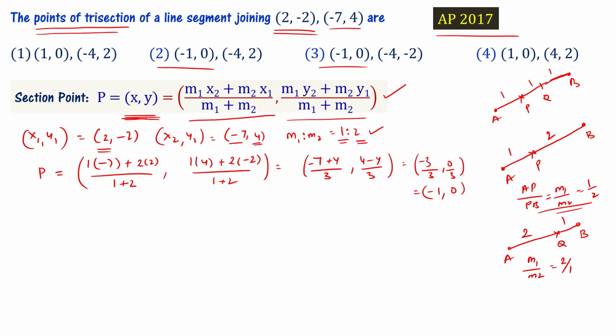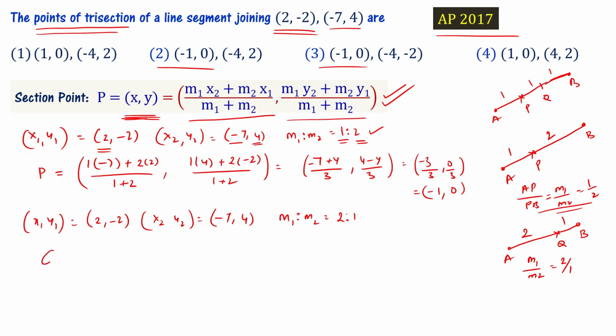We have to substitute; x1, y1 are all the same. Let's see, x1, y1 is 2, minus 2 and x2, y2 is minus 7, 4 and m1 is to m2 is going to be 2 is to 1.